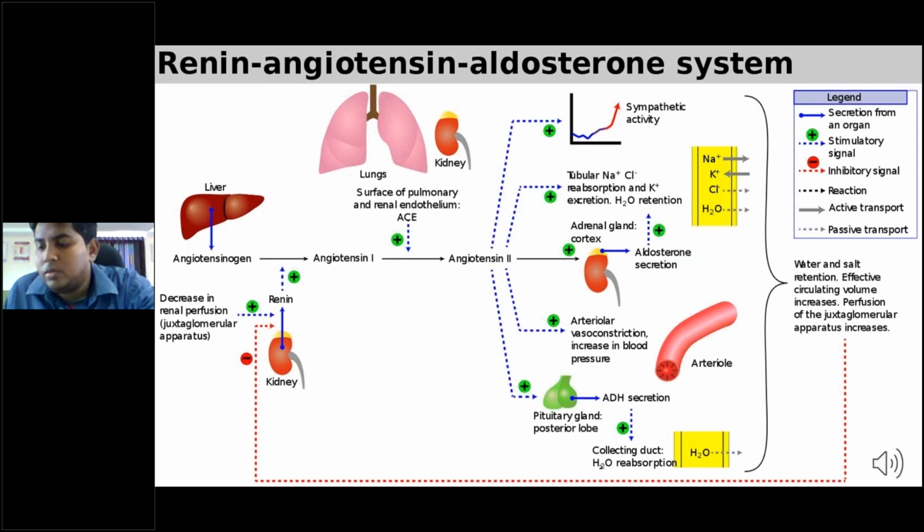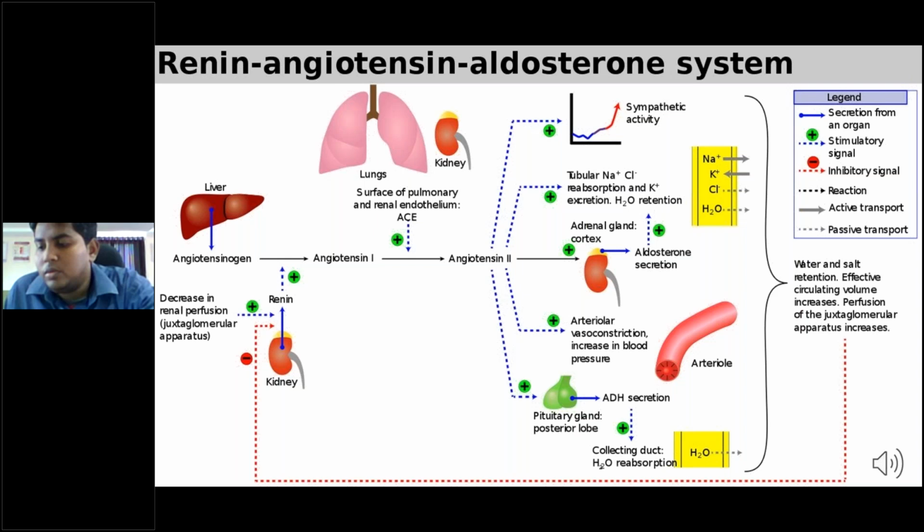The kidney releases renin, which converts angiotensinogen to angiotensin 1. The stimulus for release of renin is decreased renal perfusion, that is, decreased perfusion of the juxtaglomerular apparatus.